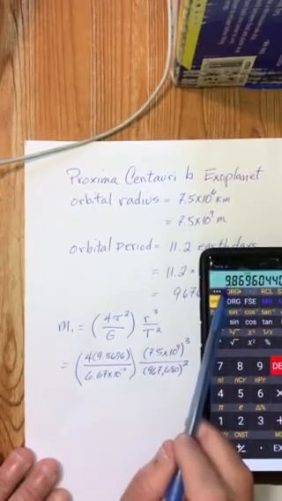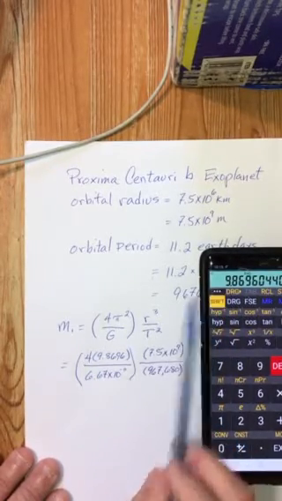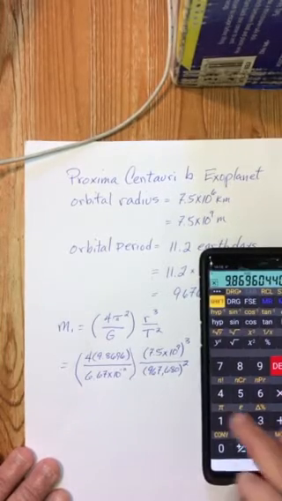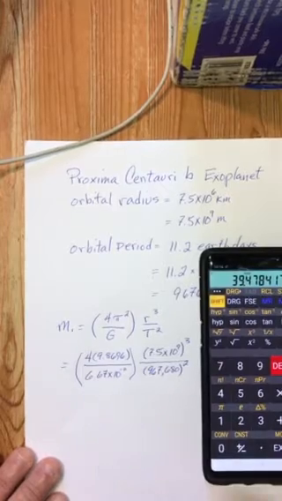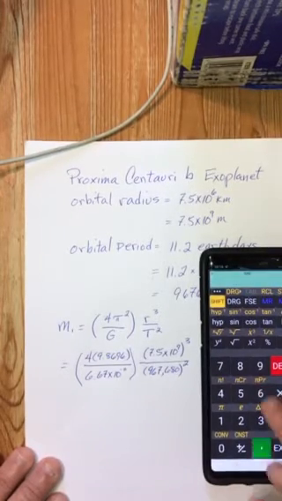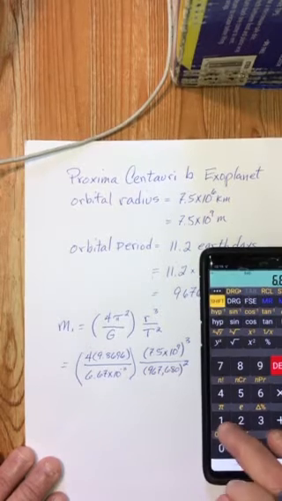Okay, so as you recall, on the screen here we have pi squared. We're going to multiply that by 4, and then we're going to divide that by 6.67 times 10 to the negative 11.